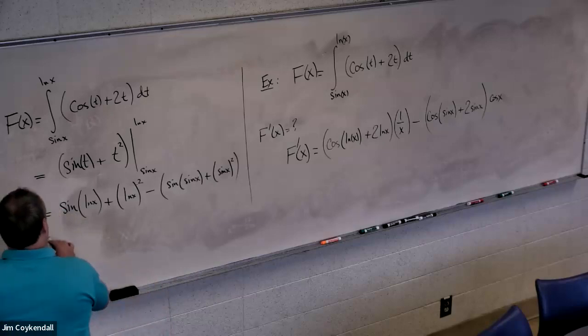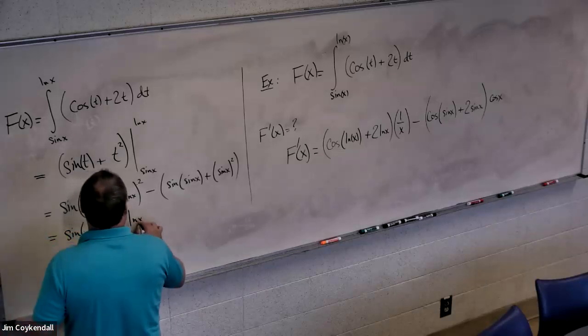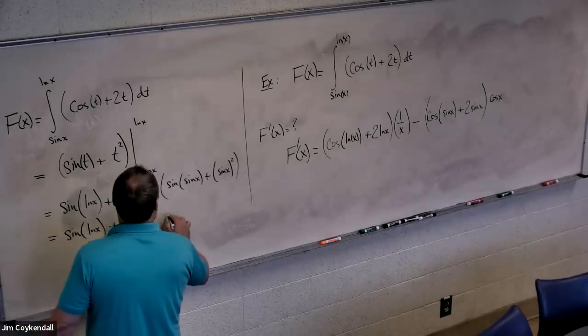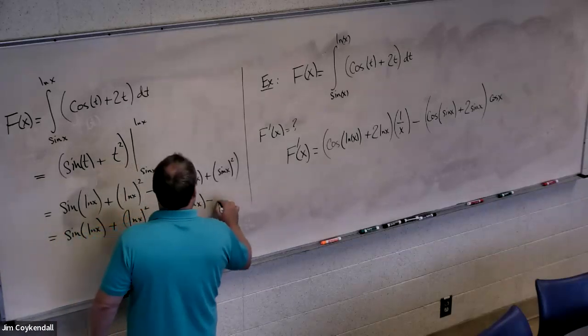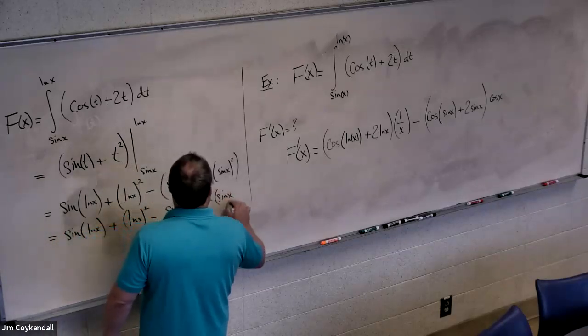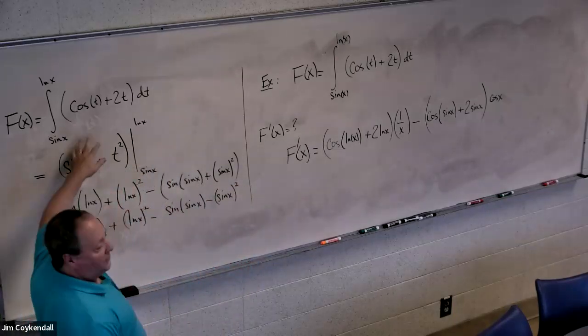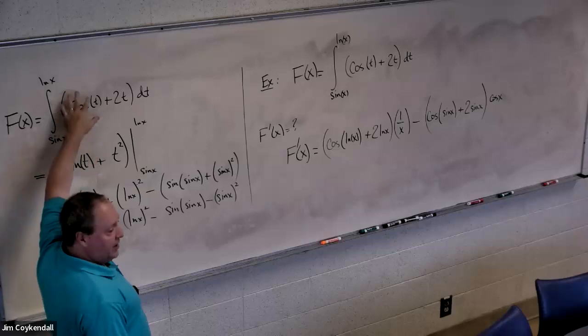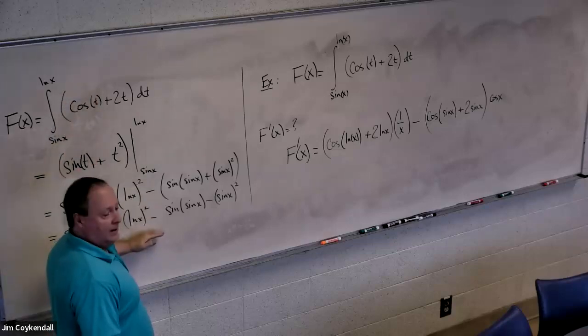So just to keep myself straight with the signs, we'll go ahead and do this. What this means is this function here, which I wrote this way to be fancy, can also be written this way.